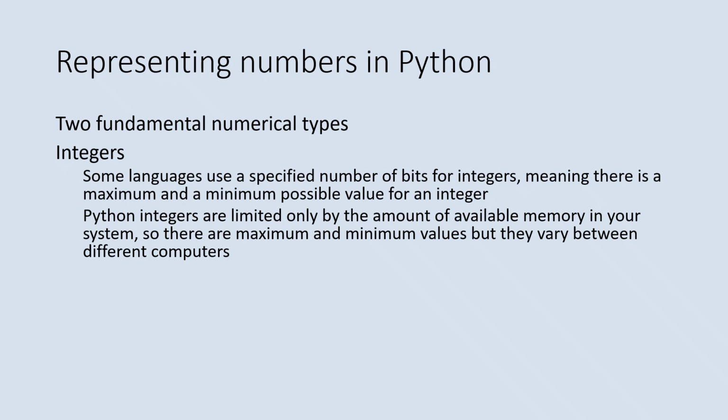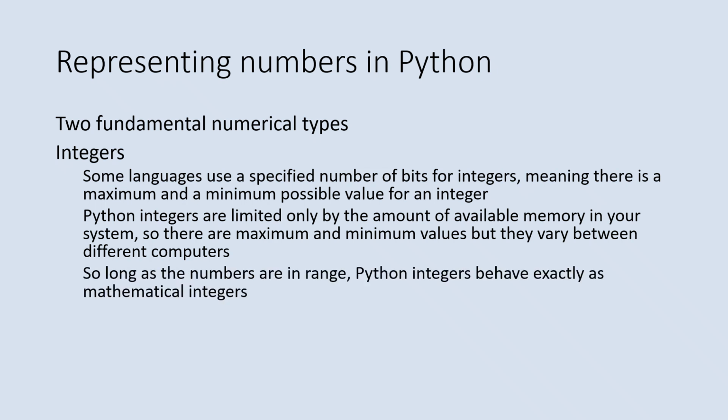That's for integers. That's the whole numbers, positive and negative values. So as long as we don't have any calculations that go outside of whatever the range is for your particular computer, then the Python integers are going to behave exactly like mathematical integers. Adding things, multiplying, doing all the calculations are going to be exactly what you expect.